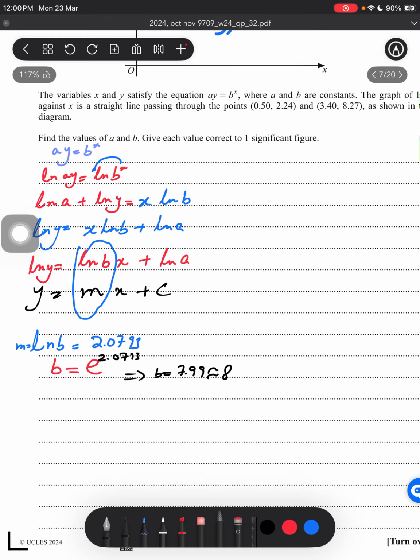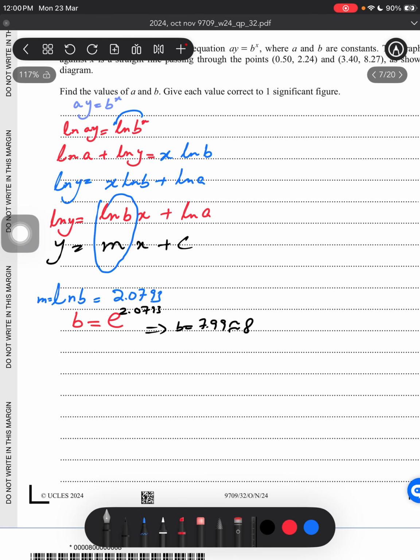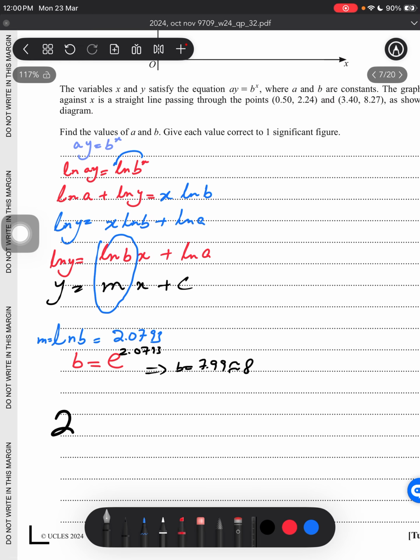So let me just write it. The value of y would be 2.24. So instead of that y, I'm going to write 2.24. And we already have the value of ln of b, which was 2.0793, and ln of a is to be found.